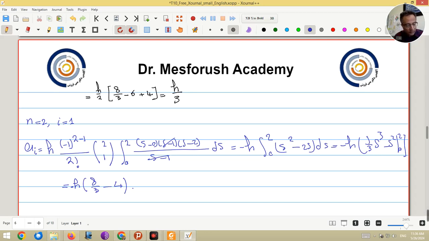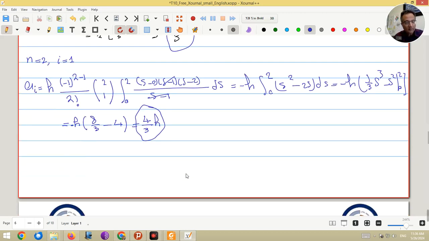Okay, and if you compute this one, this is 4 over 3 h. Okay, this is the next coefficient. Let me do it for n equal to 2 and i equal to 2.